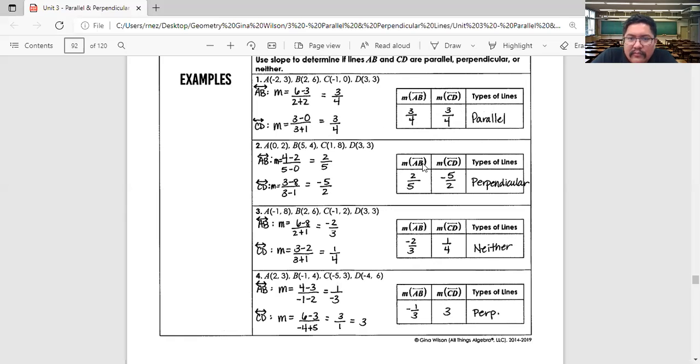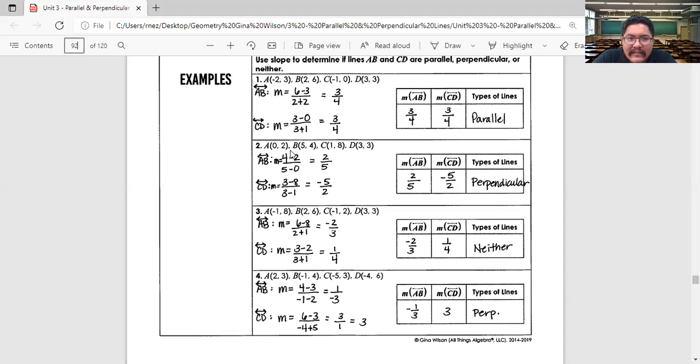So we have slope from A to B. So take your A and B points, plug them into our slope formula. Again, watch your signs, make sure you put the numbers in the right spot, because that's one of the other things that I noticed when I'm checking work, I always see the numbers being put in the wrong spots and it doesn't quite work out. So you got to make sure you put them in the right spot.